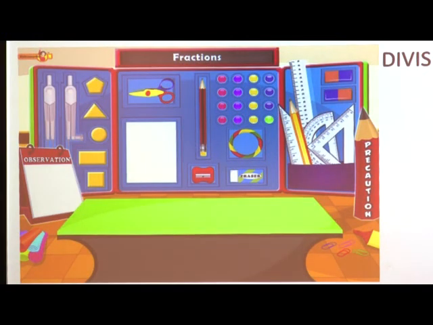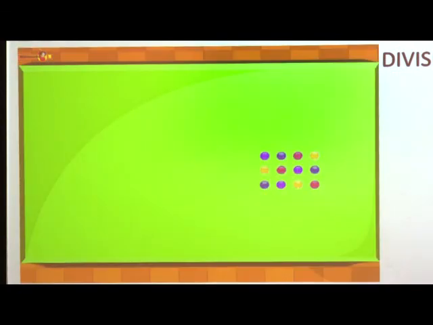Take 12 buttons. Let's divide the fraction 1 upon 2 divided by 1 by 3. Since the product of denominators 2 and 3 is 6.